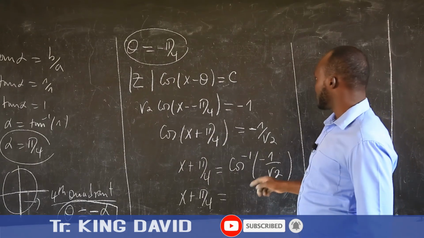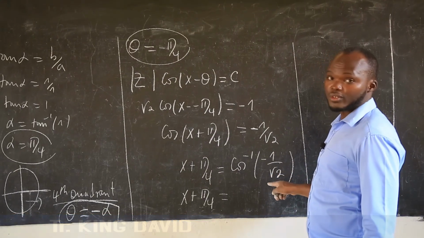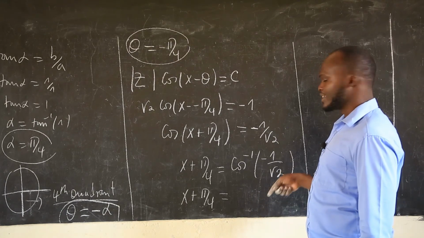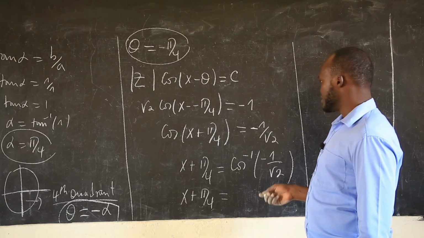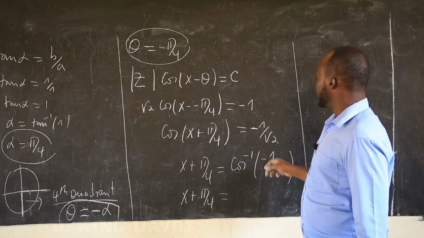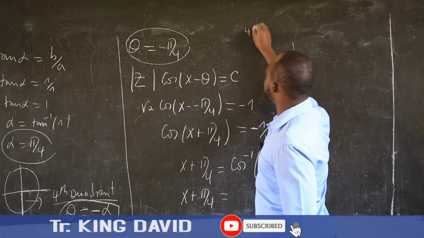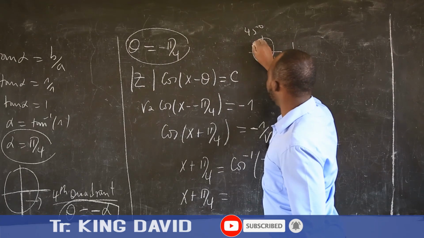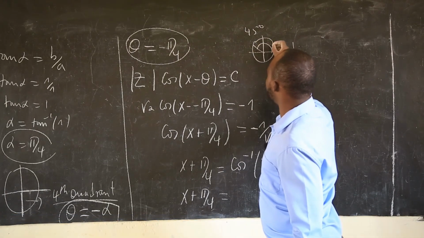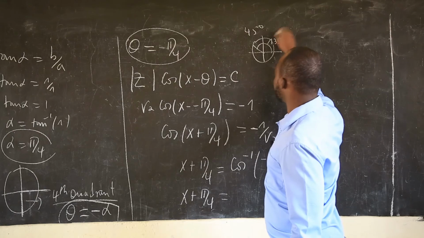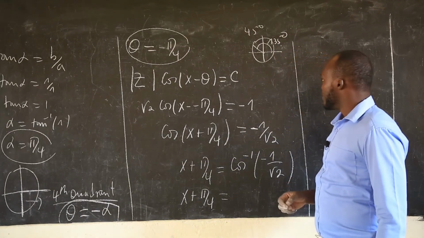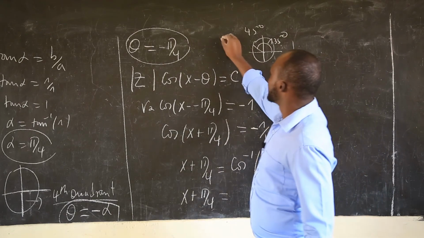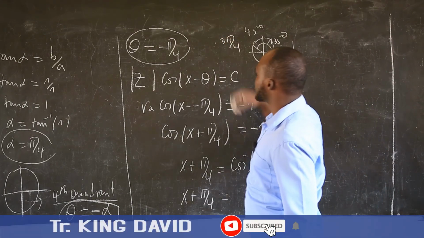you know that cos inverse of root 2 over 2 is supposed to be 45 degrees, but it's in the second quadrant. If it is 45 degrees and it is in the second quadrant, from here to here it is 135 degrees, which is 3 pi over 4.